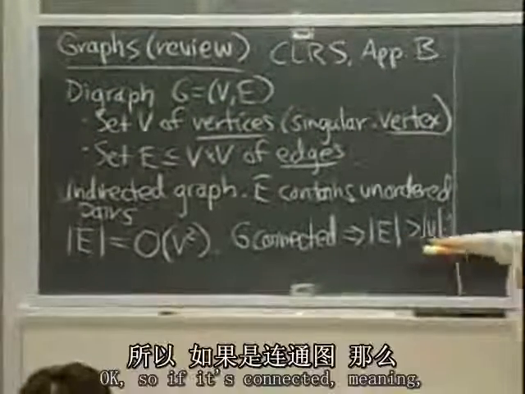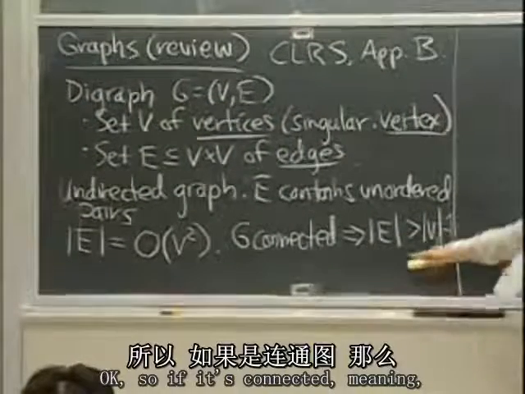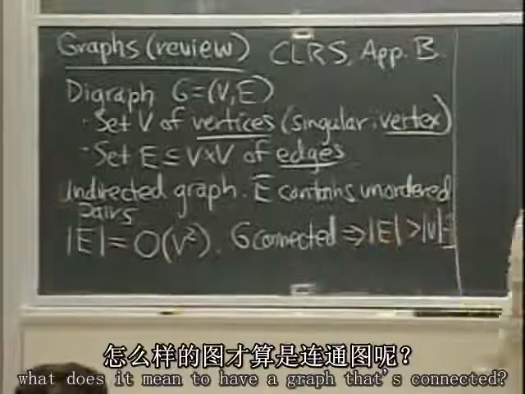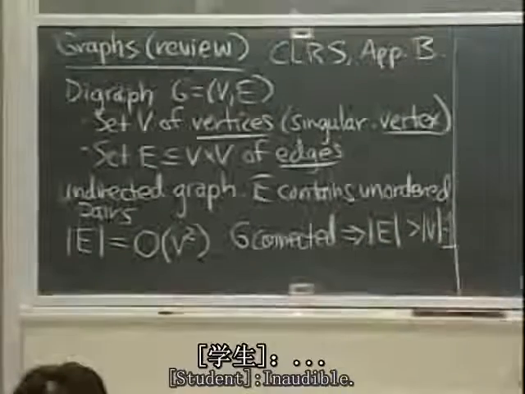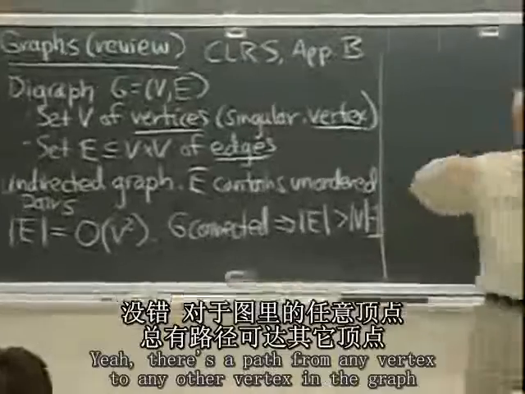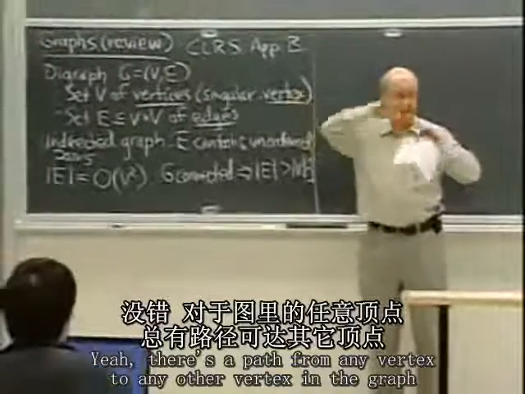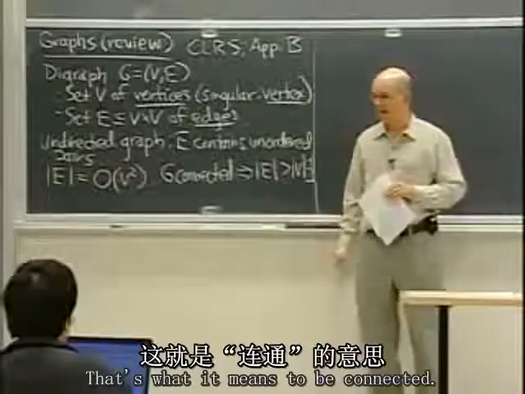So what does it mean to have a graph that's connected? Yes, there's a path from any vertex to any other vertex in the graph.